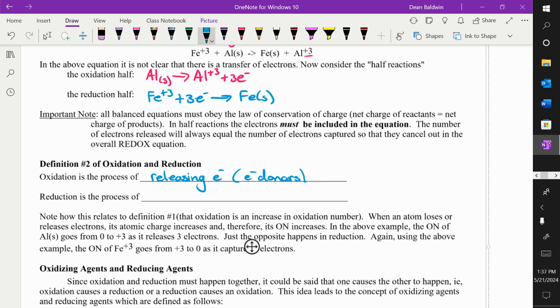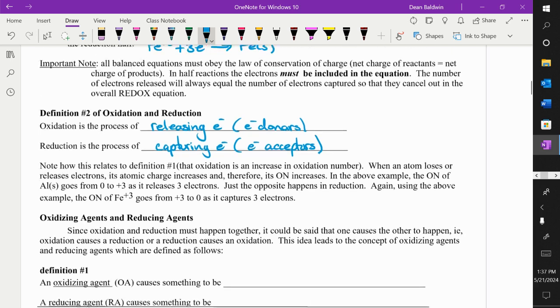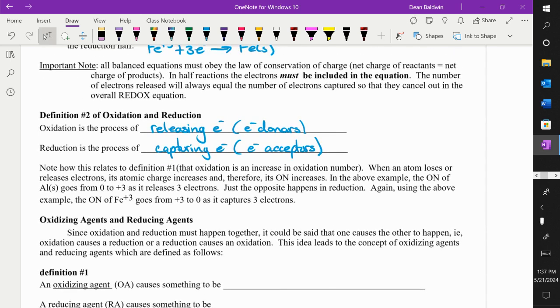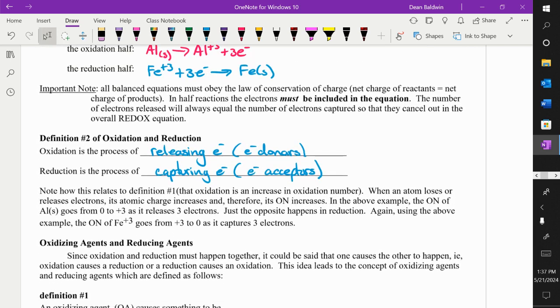And reduction is capturing electrons. Electron acceptors. And you can see this is the reduction. It captures 3 electrons. The aluminum donates its 3 electrons.